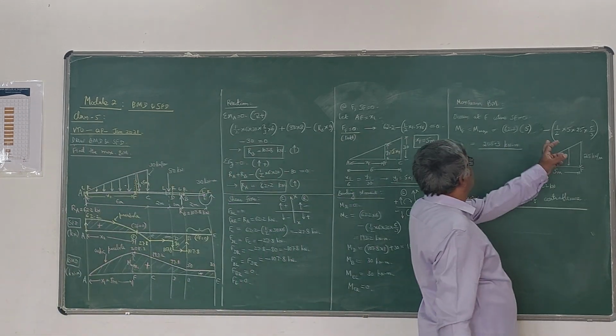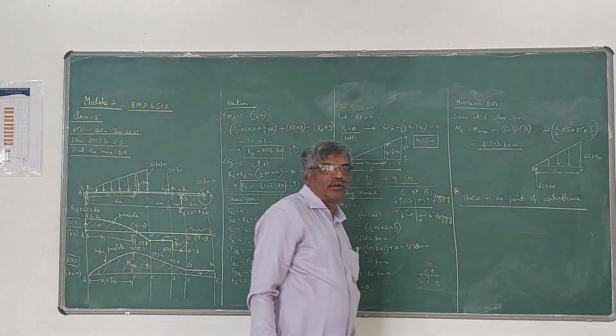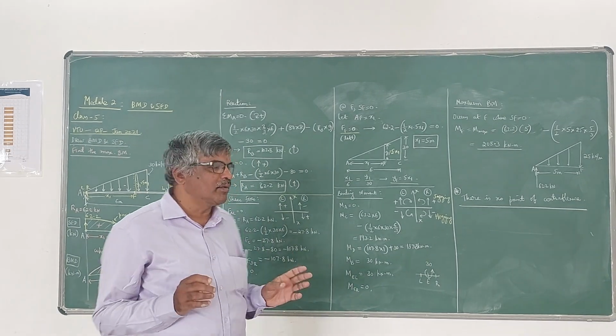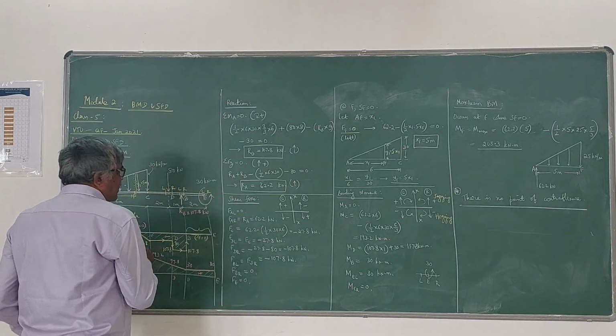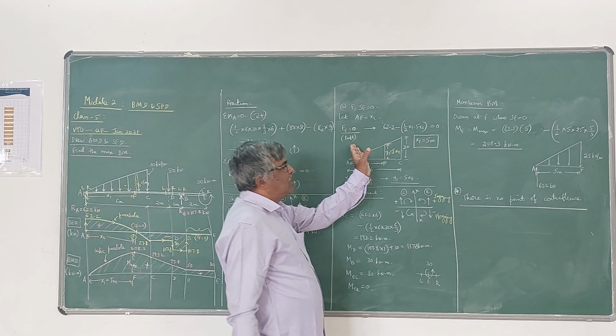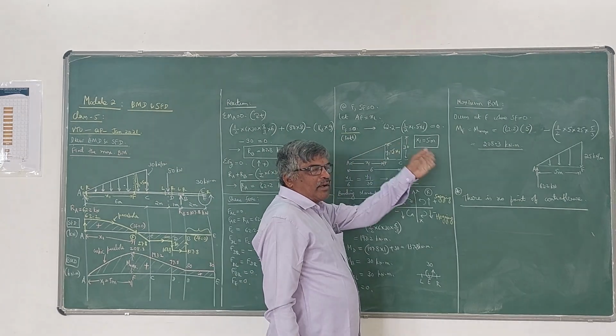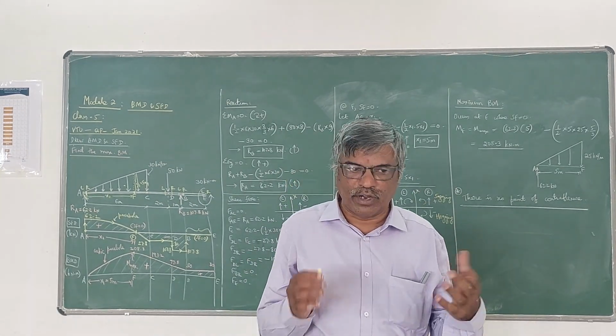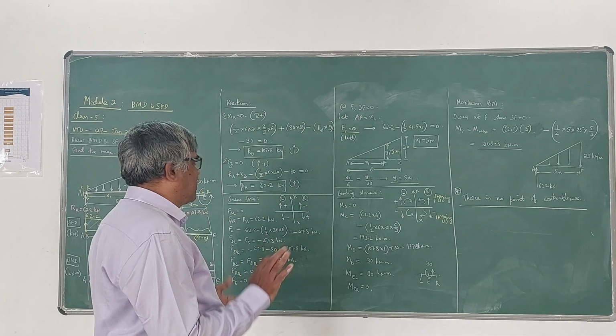If you simplify this, you will get 208.3 kN-m as the maximum bending moment occurring at F. Once you get this x1 value where the shear force is 0, immediately you can find the maximum bending moment at that point by writing the bending moment expression.